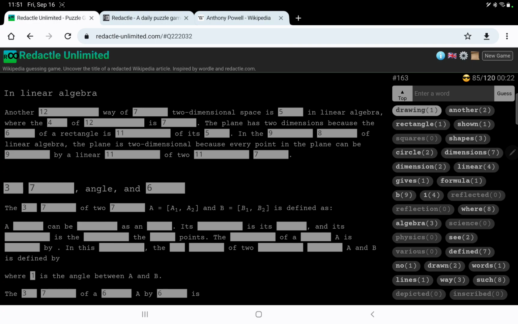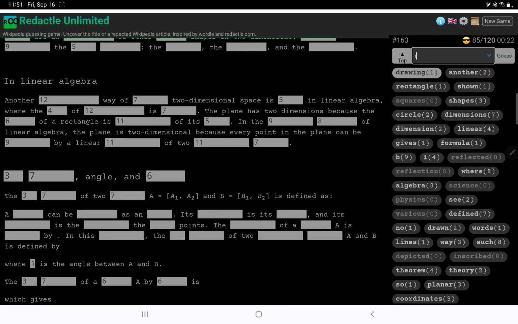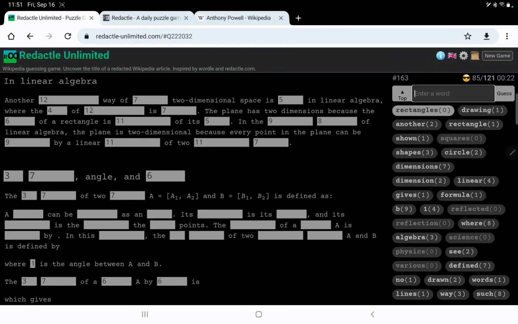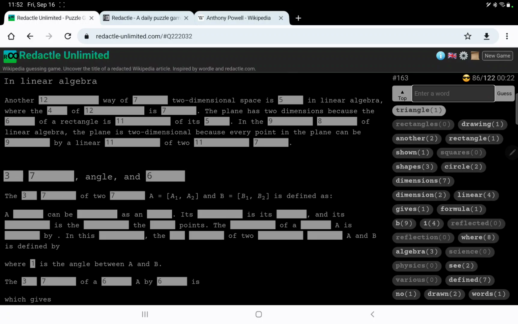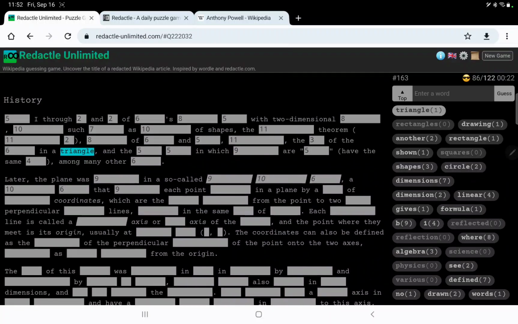In the something of linear algebra, the plane is two-dimensional because every point in the plane can be, well, let's do rectangles plural. Nope. How about triangle? One triangle. The history, okay.